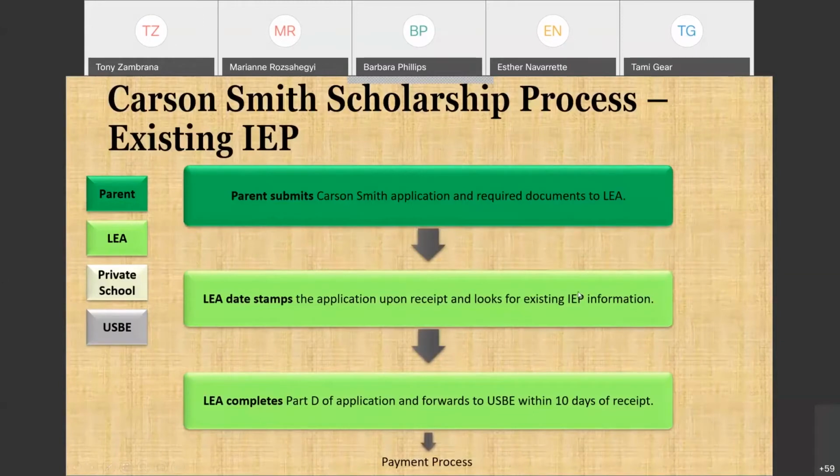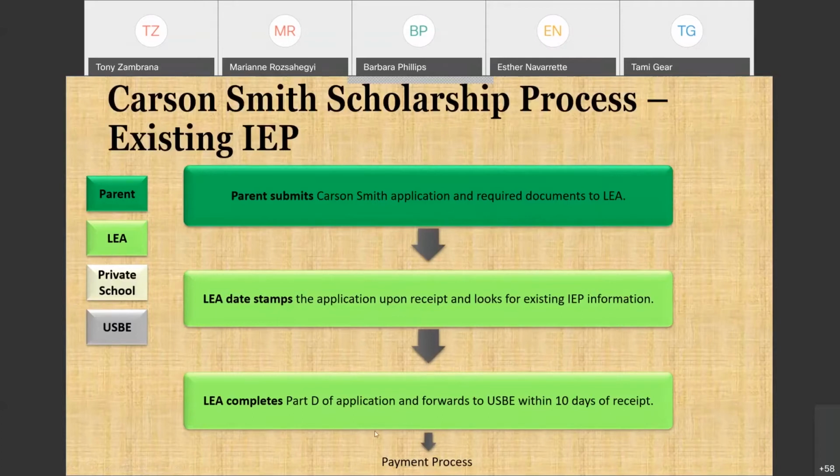The Carson Smith scholarship process, if you already have an existing IEP: in this case, the parent would submit the Carson Smith application and the required documents to the LEA. The LEA date stamps the application upon receipt, and then they start looking for the IEP information that already exists. The LEA will then complete Part D of the application and submit it to us within 10 days of receipt.